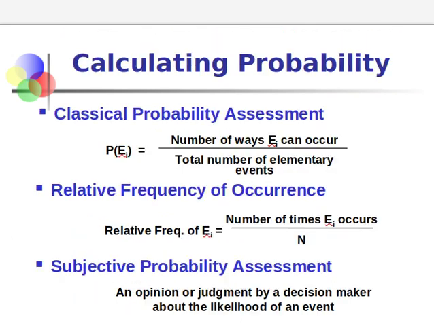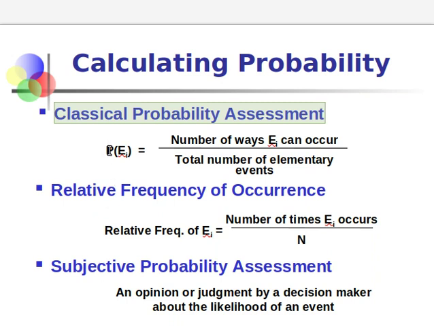Now let's calculate probability. Probability is a number, a percentage, of the possibility that an event is going to happen. There are three different ways of calculating probability. First is the classical probability assessment, the one usually used.